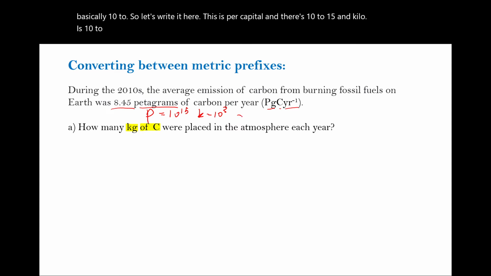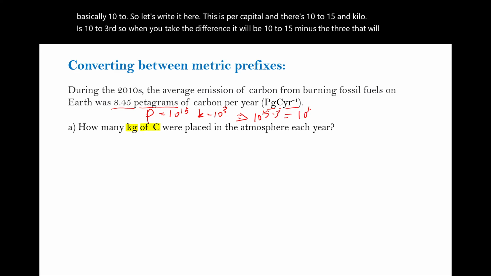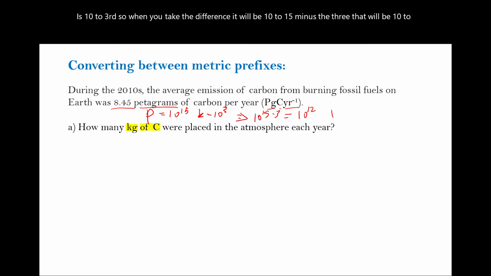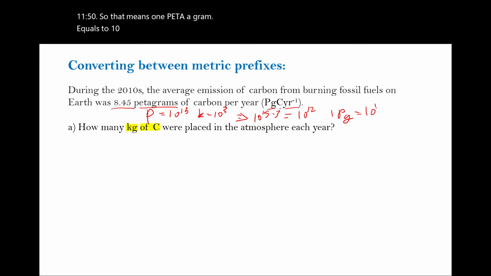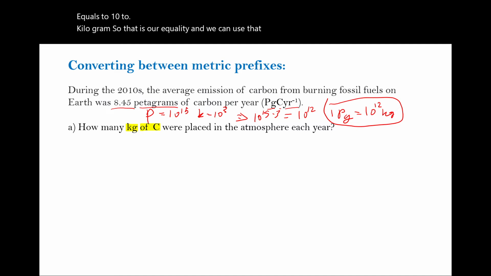So when you take the difference, it will be 10 to the 15 minus 3, that will be 10 to the 12. So that means 1 petagram equals 10 to the 12 kilograms. So that is our equality, and we can use that equality as a conversion factor.